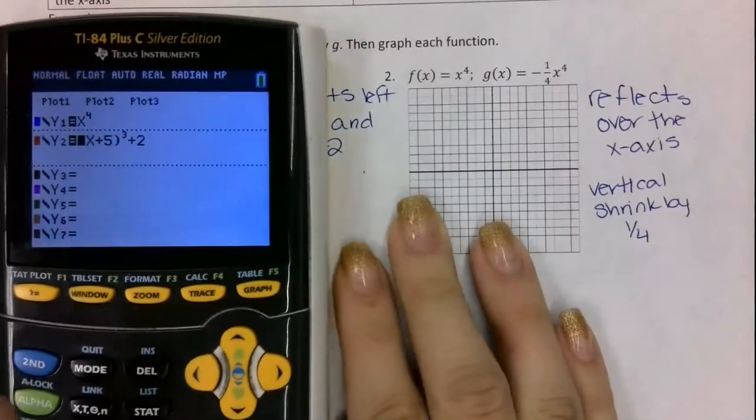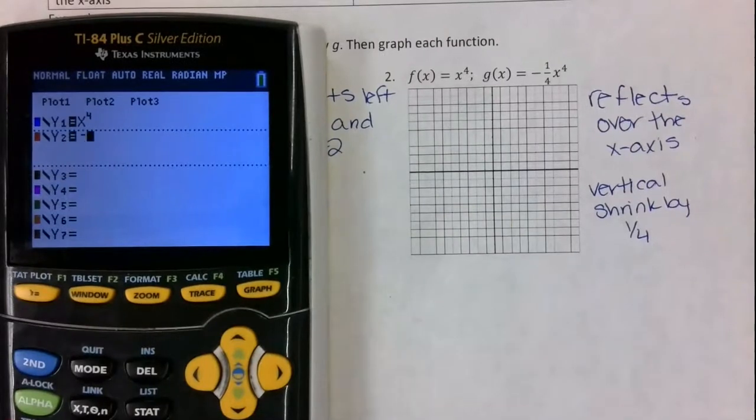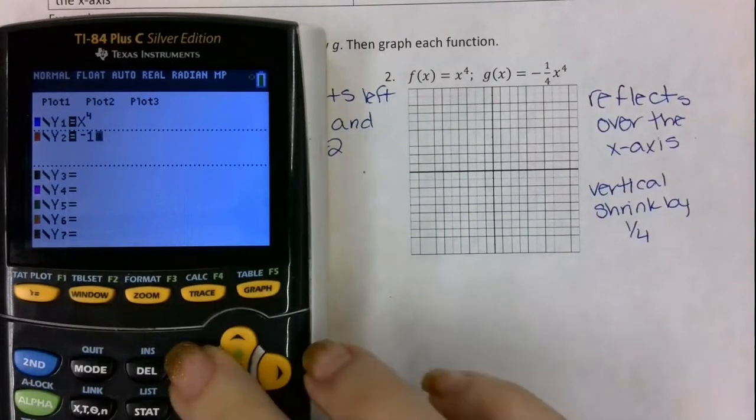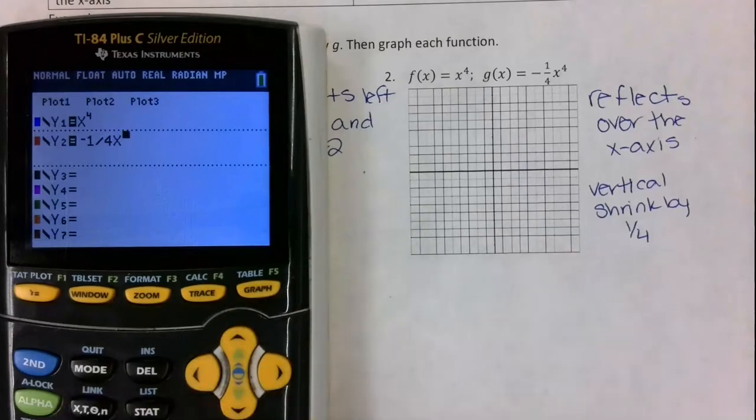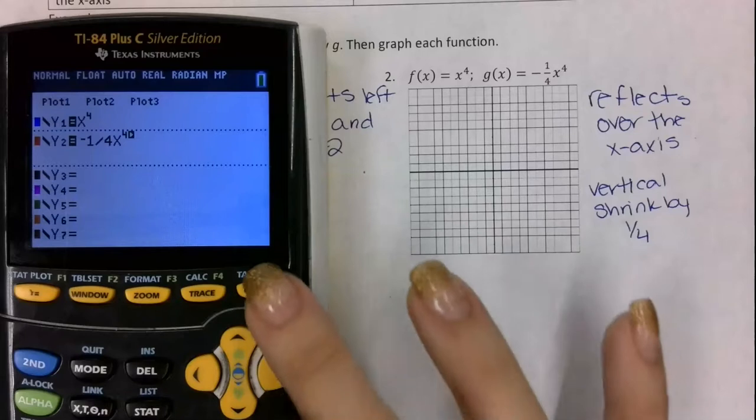Okay, so I'm going to go graph this. Make sure when I type in the negative, I use the white negative. Okay, then I hit graph.